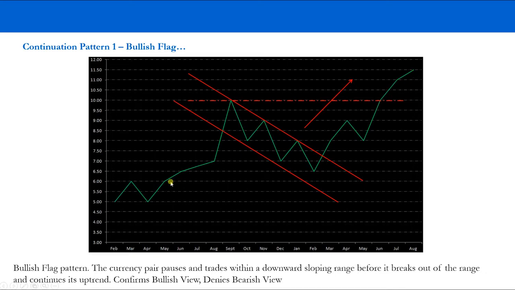So the overall trend is the currency pair is going higher. However, as it's going higher, we have a pause in the price before it breaks out and continues. That's why it's called a continuation pattern. These are also very common in currency markets.